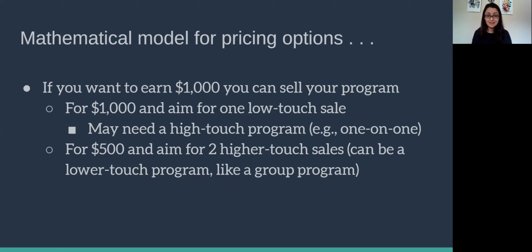So if we go down to the last bullet point here, the other option is we can sell it for $500. We can aim for 2 higher touch sales. Say we chat with 10 people or so, and it could be a lower touch program if we want it to be a group program. Again, we could sell it for $1,000 and have 2 one-on-one clients paying $1,000 or more because you're giving them so much of your time and effort.